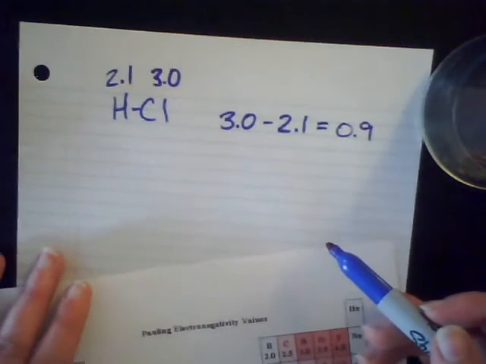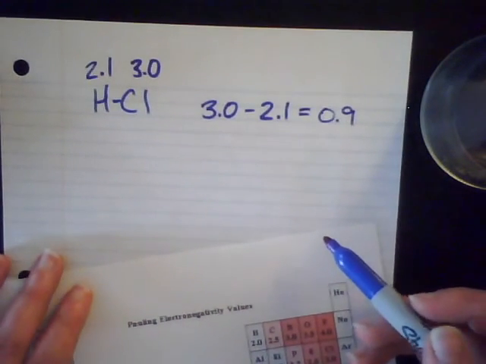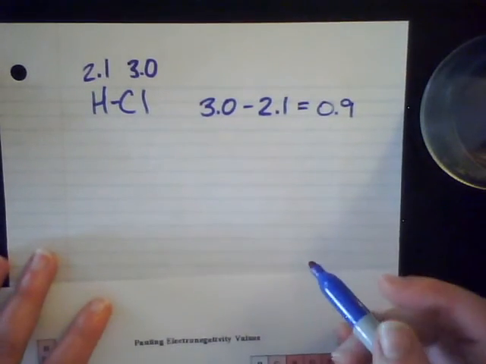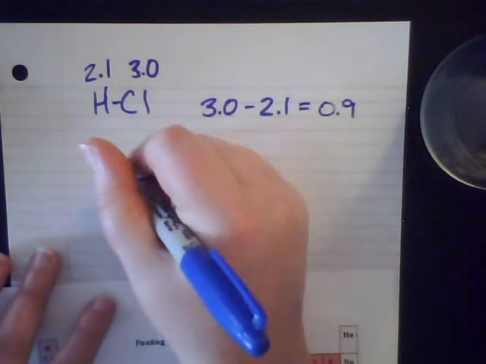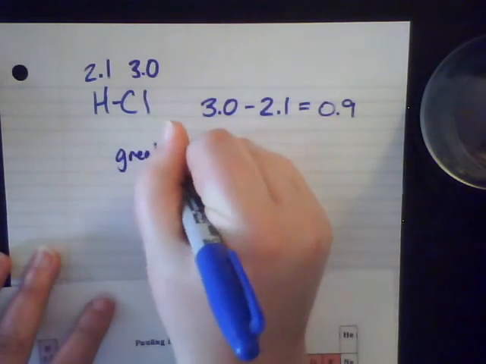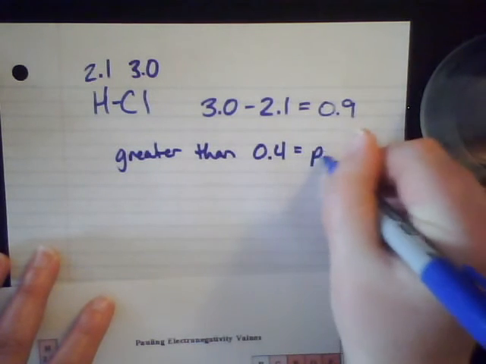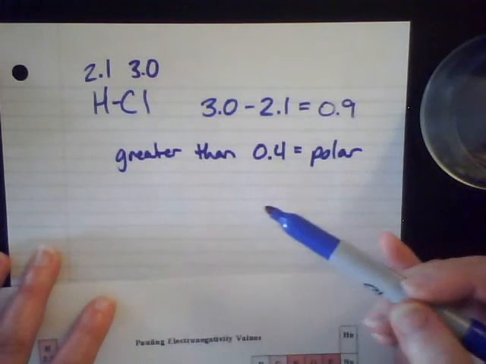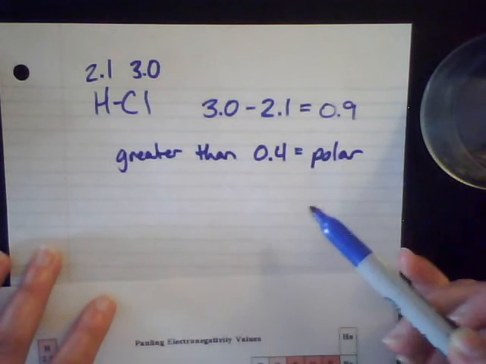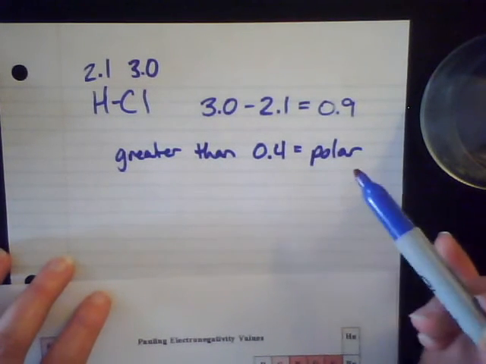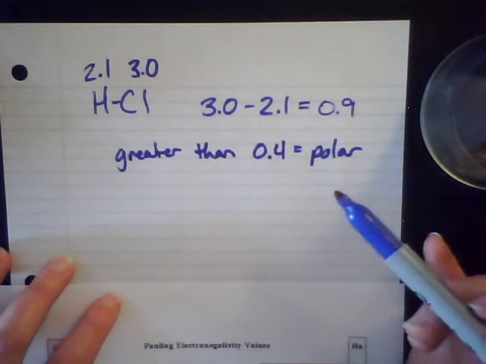Now because I'm on a 4-point scale, anything greater than 0.4 is going to be a polar covalent bond. But there is a ceiling to this, because there's a point at which it becomes so polar that it ends up losing electrons.